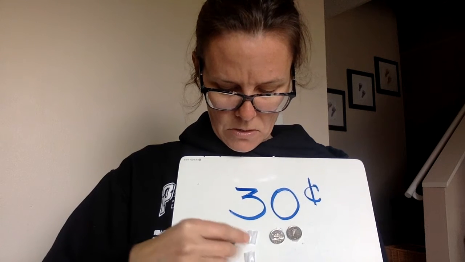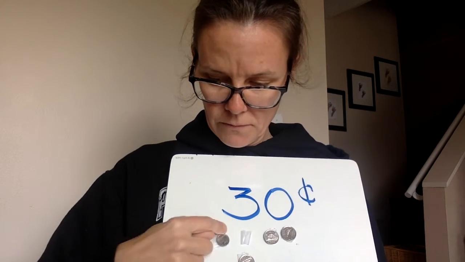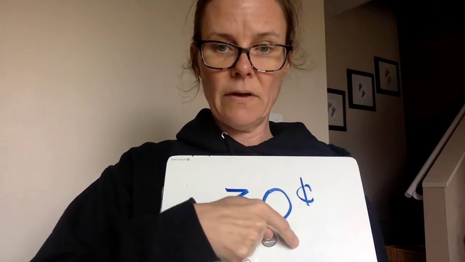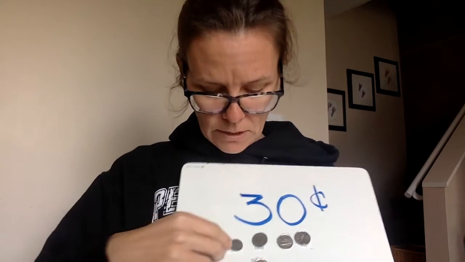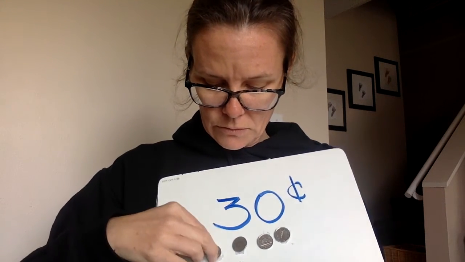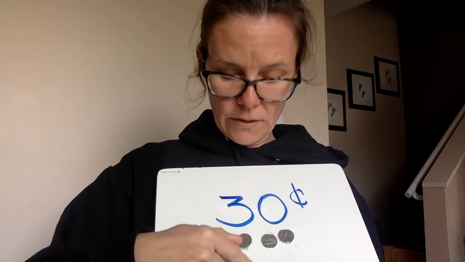I can say 1 dime, 15, 20, 25, 30. So already I've made that 3 different ways. I can remove this dime, and I can break it apart and turn that into 2 nickels. This way: 5, 10, 15, 20, 25, 30. That was a smaller number.